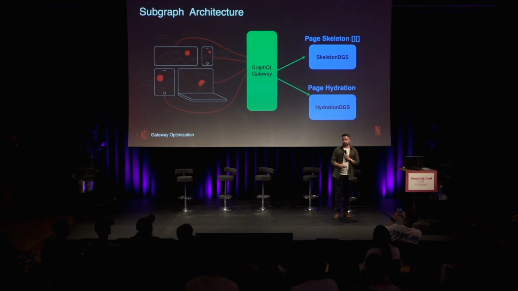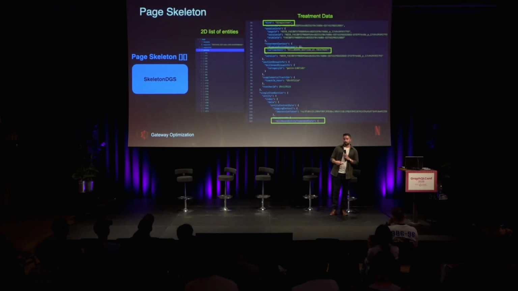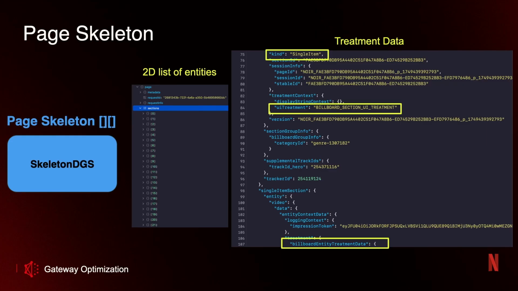So if we dive into the Netflix architecture a little deeper now, we were at the top level. Now, when it comes to my team, we maintained 2 DGSs. One was responsible for creating the page skeleton, and one was responsible for hydrating the particular page. So if we look at the page skeleton, what is a page skeleton? It's a 2-dimensional list of what we call entities.